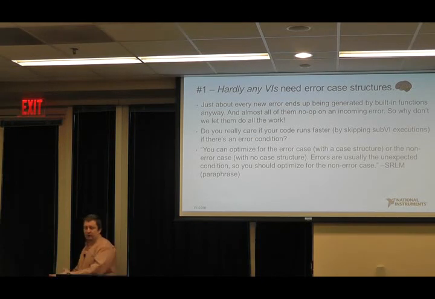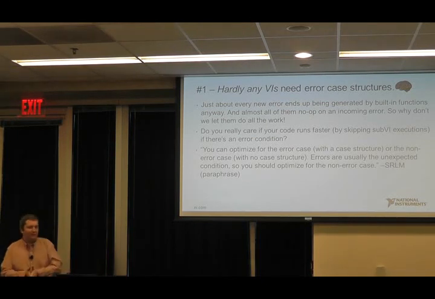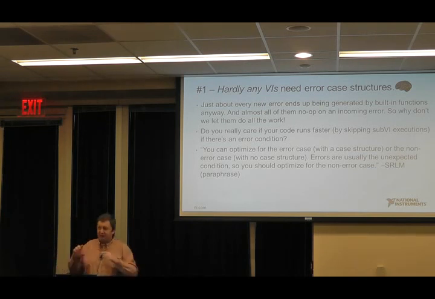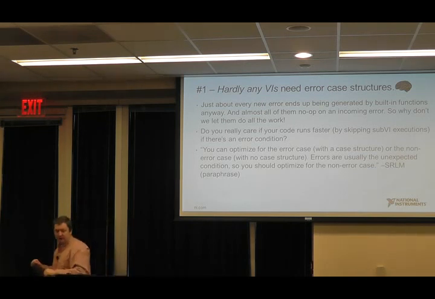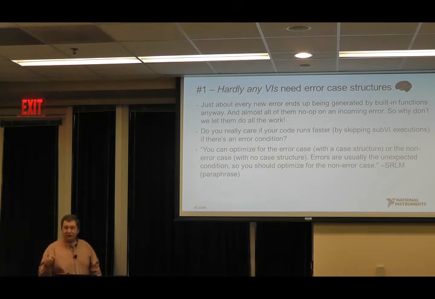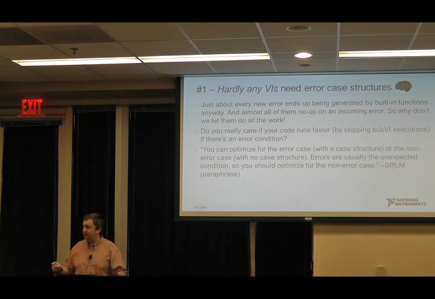Some other reasons. This has always kind of bugged me, even before I put this presentation together, thinking about the error case structure on sub-VIs. If you think about it, every single error generated by LabVIEW code, if you're not generating it yourself with G code, is generated by a built-in primitive in LabVIEW.